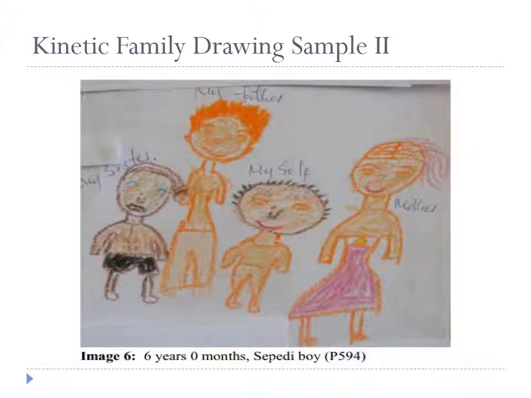Here's another example. Notice that individuals are allowed to determine what family is for them. You may choose to draw your nuclear family, your extended family or family of origin.